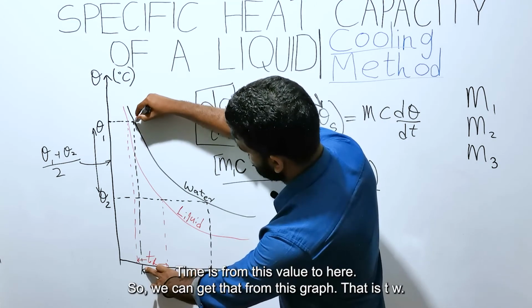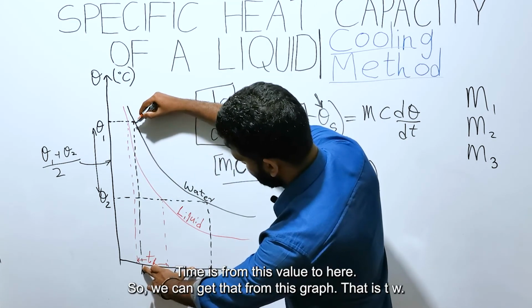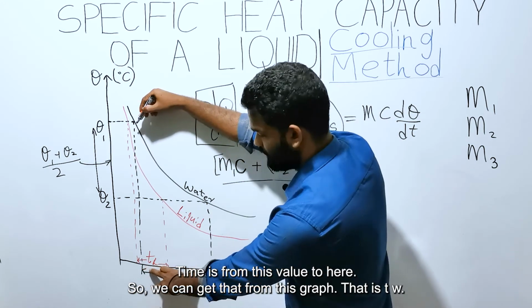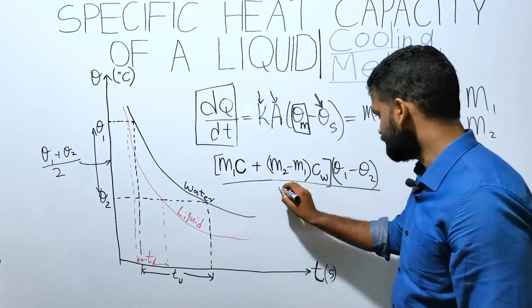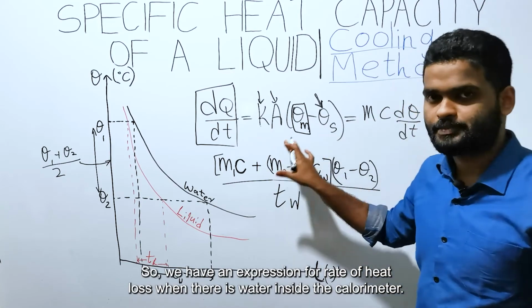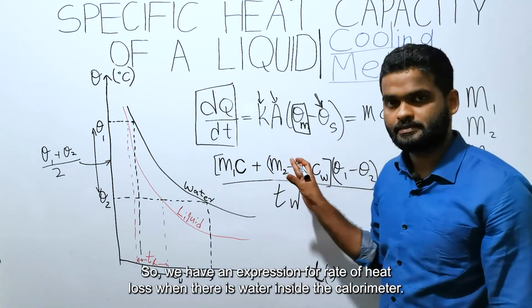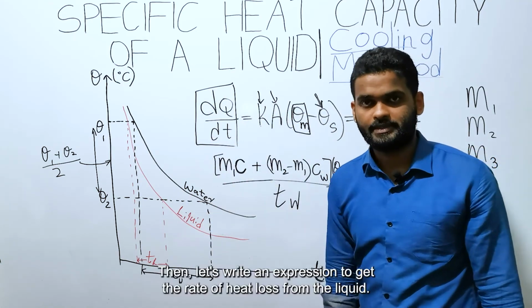Time is from this value to here. So we can get that from this graph. That is tW. So we have an expression for rate of heat loss when there is water inside the calorimeter.